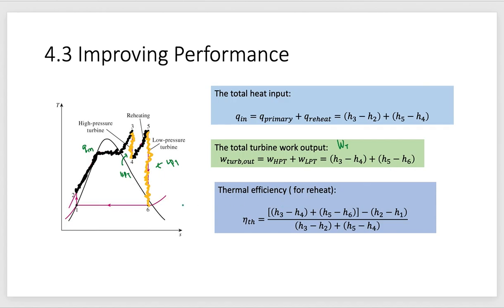So for the thermal efficiency for reheat, we have W HPT plus W LPT, low pressure turbine, minus the work of the pump, divided by Q in, Q primary and Q reheat. That's all for the reheat Rankine cycle.